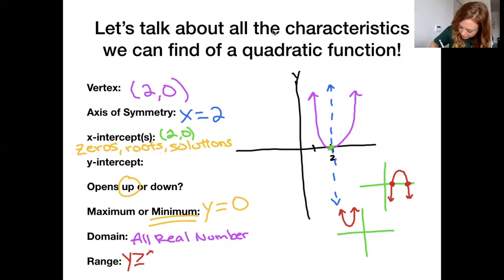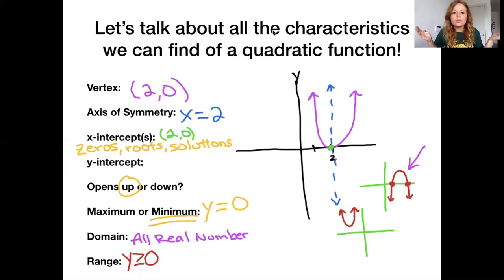So y is greater than or equal to 0. But if it opened down, like the one over here in our example with 2 solutions, then y would be less than, because it's opening down and the y's are getting smaller.